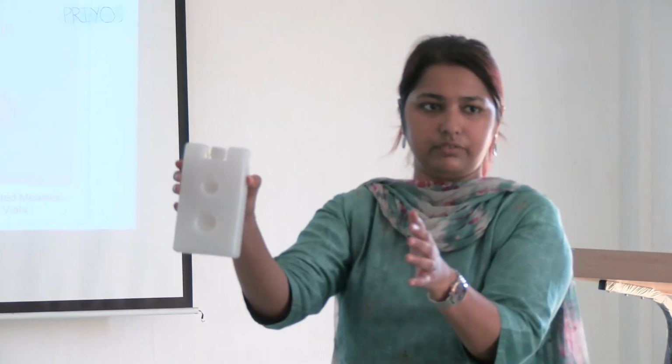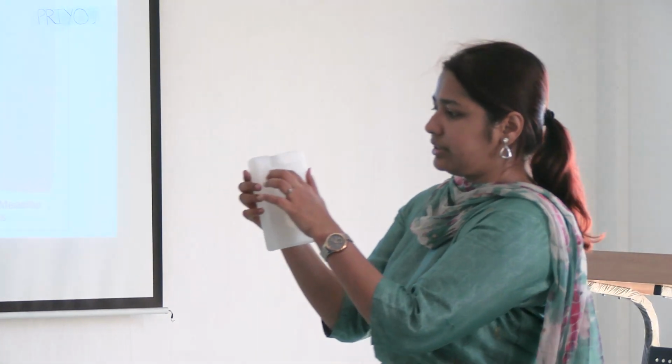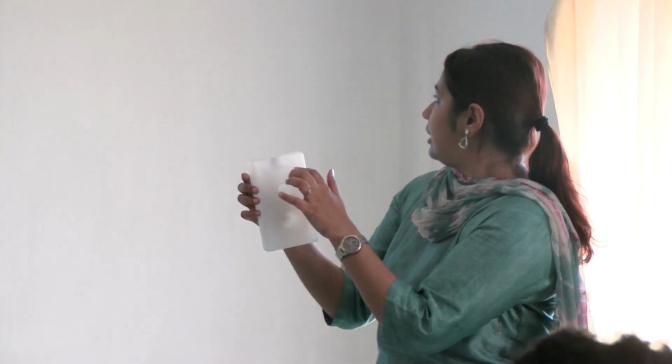When I give it to you, you can see there is a maximum level. Up till that, the water should be filled, because when you freeze it, the water will expand. If you do not keep this gap, the ice pack will crack. So you have to fill it up till this maximum level.